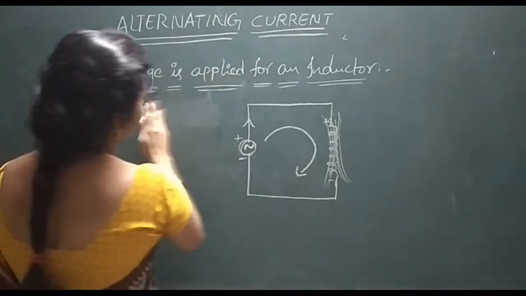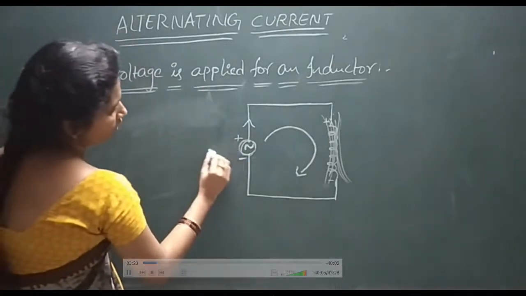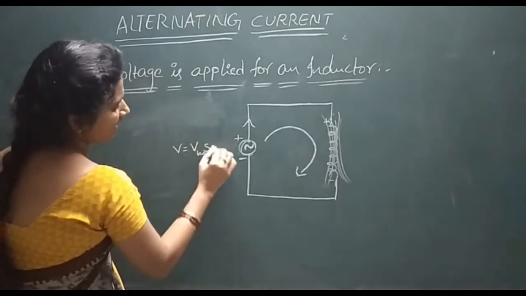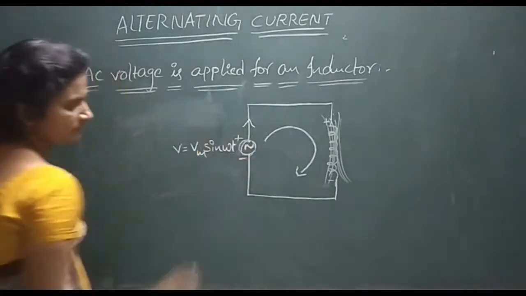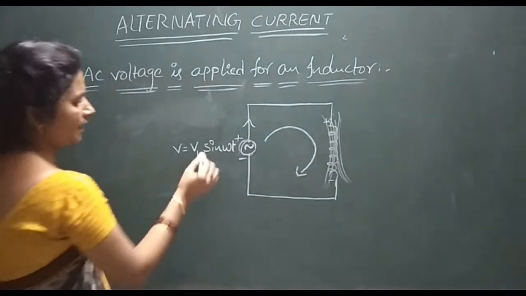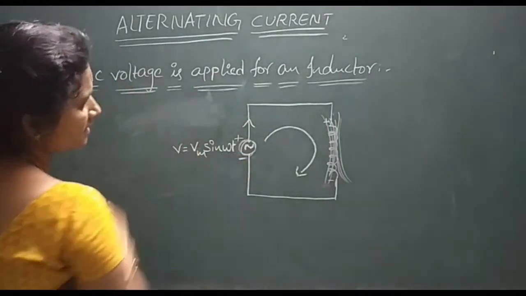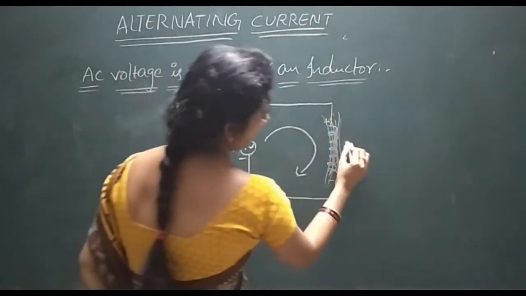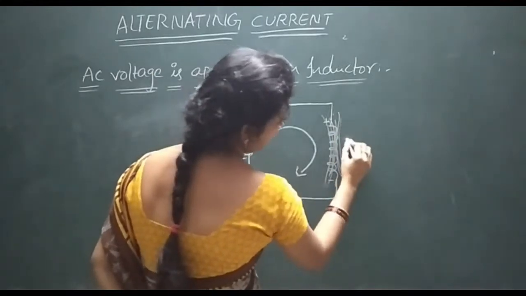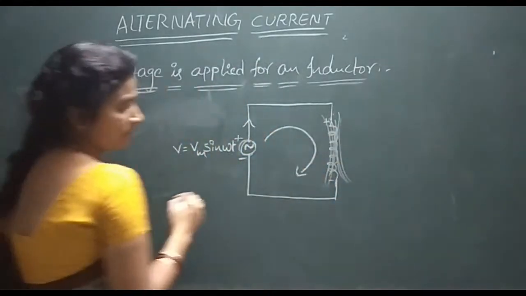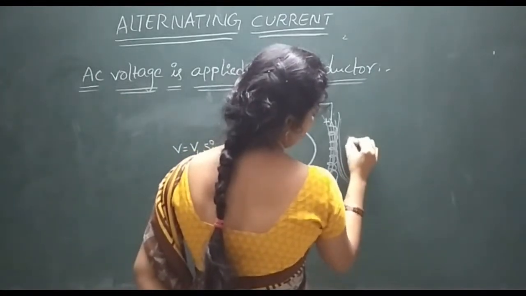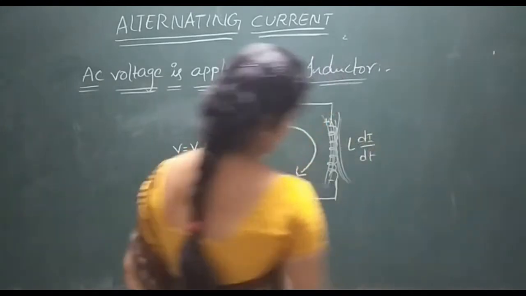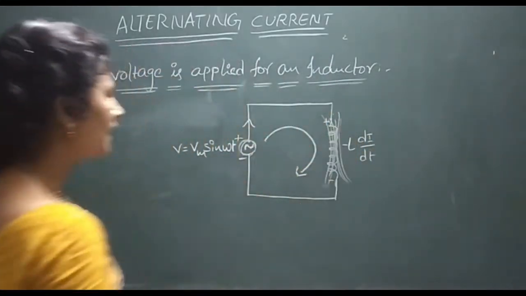The AC supply voltage V is equal to Vm sin omega t, as we already know. This AC voltage is supplied to an inductor, and this is nothing but self-induction. So the induced EMF is minus L into di by dt.